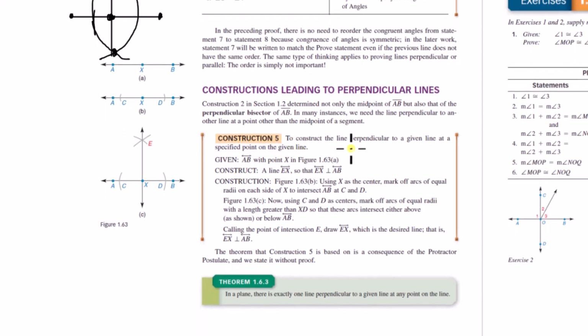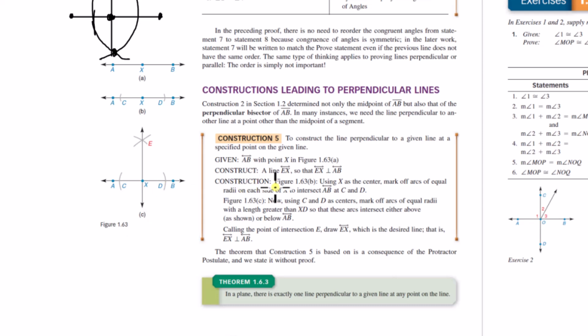to construct the line perpendicular to a given line at a specified point on the given line. So, okay, given line AB with point X, construct a line EX so that EX is perpendicular to AB. So I guess X is not necessarily the midpoint of AB, or maybe it is. It doesn't have to be. We're just trying to construct a perpendicular.